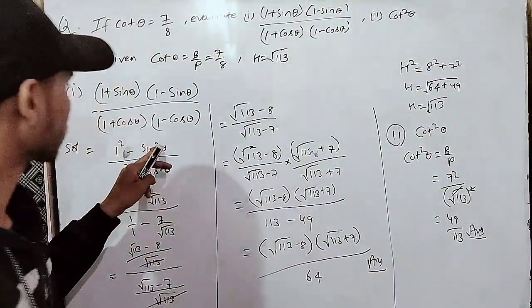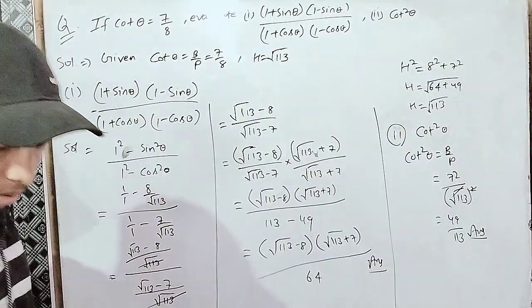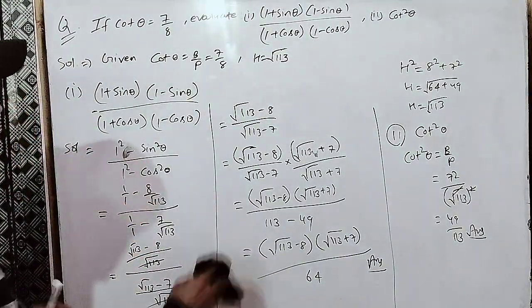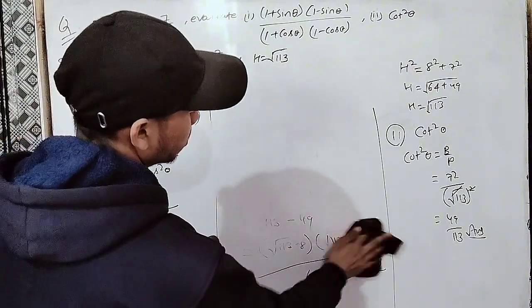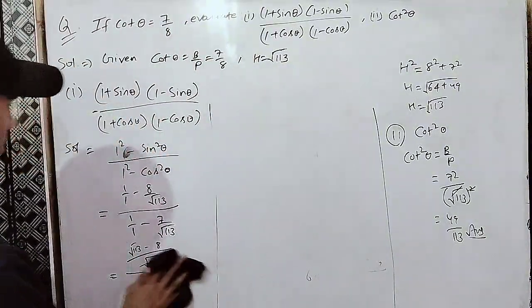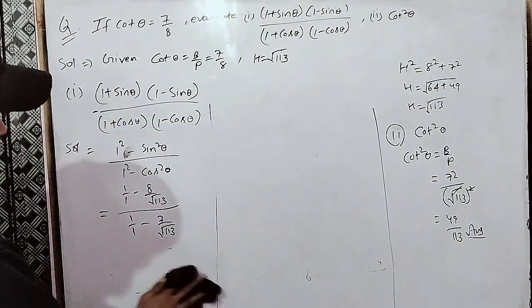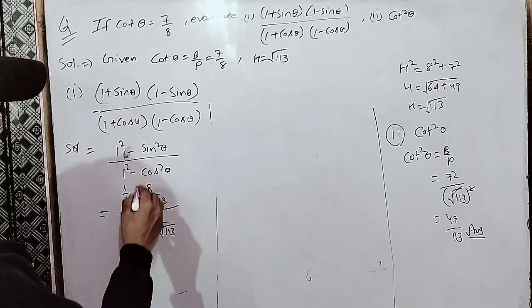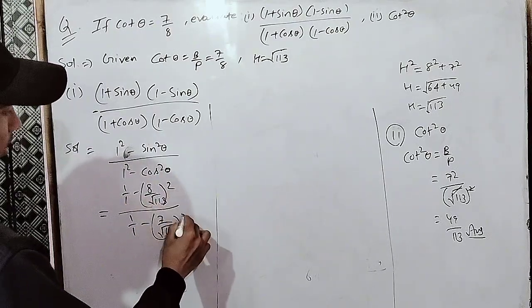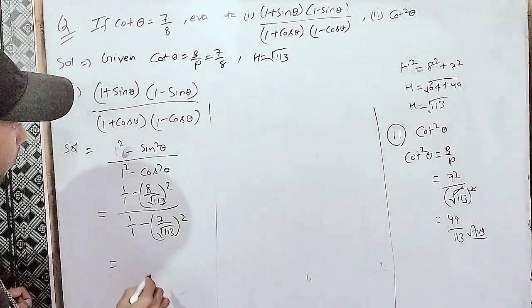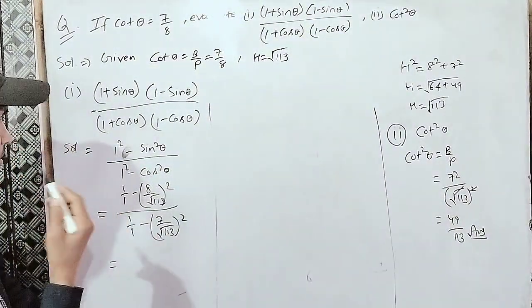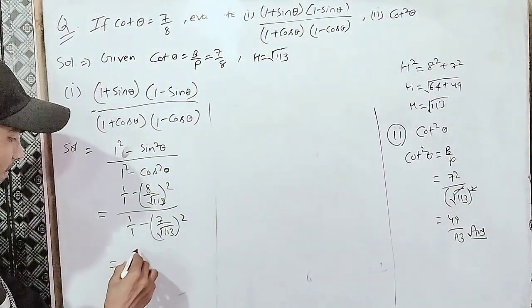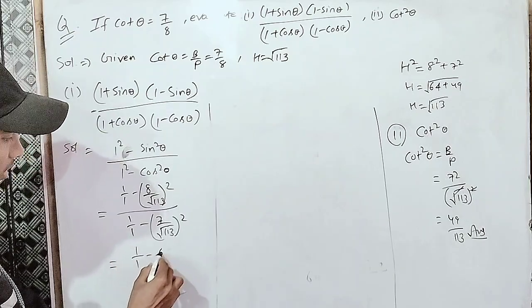We ignored a square here. This a square. We thought, yeah, 64.